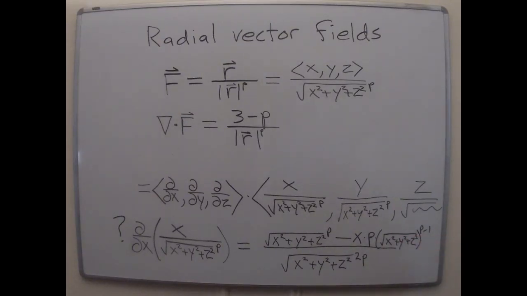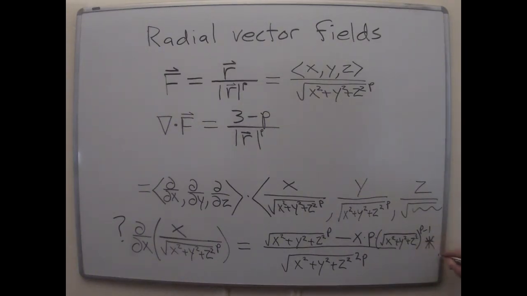Okay, and then we're still taking the derivative of the bottom here. Then you have to multiply by the derivative of the thing on the inside. Now the thing on the inside is the square root of x squared plus y squared plus z squared. So we need to take the derivative of a square root, which has also got something inside of it. So there's one more chain rule to get through.